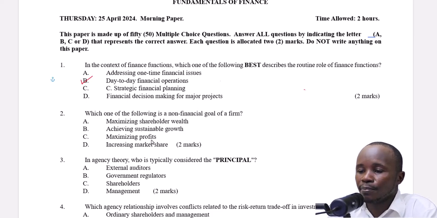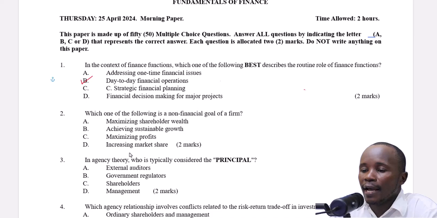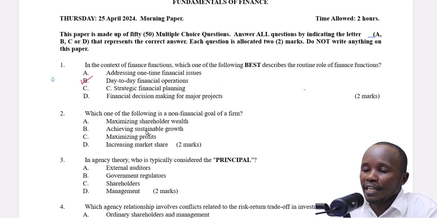Then increasing market share: when you increase market share, if you want to sell your share, you'll sell it at a higher value. But the correct answer here is B, where a non-financial goal is achieving sustainable growth. You see, when you achieve sustainable growth, it means you are not just there to get financial gain.